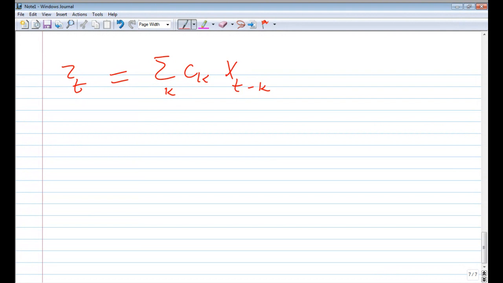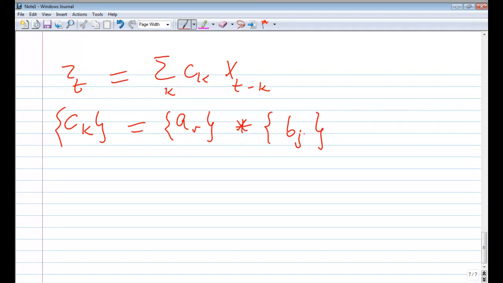In this scenario, ck is represented by ar and bj.